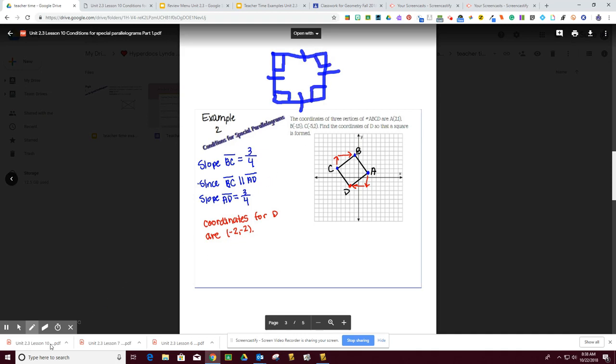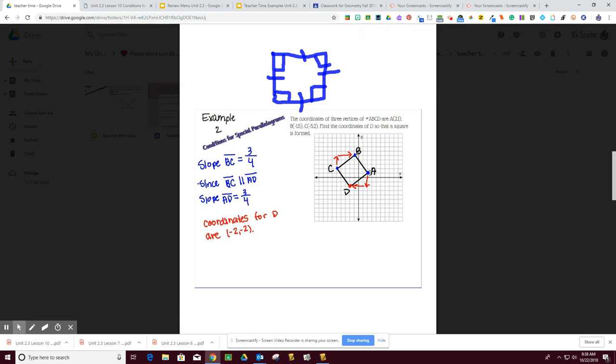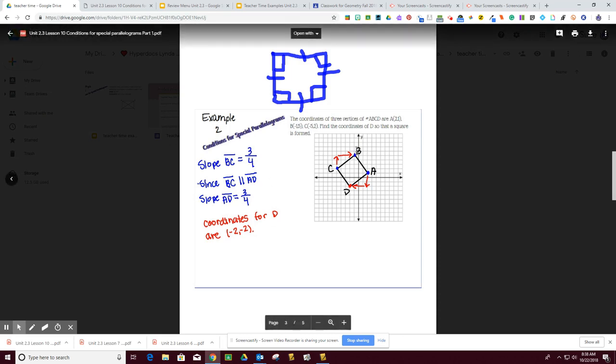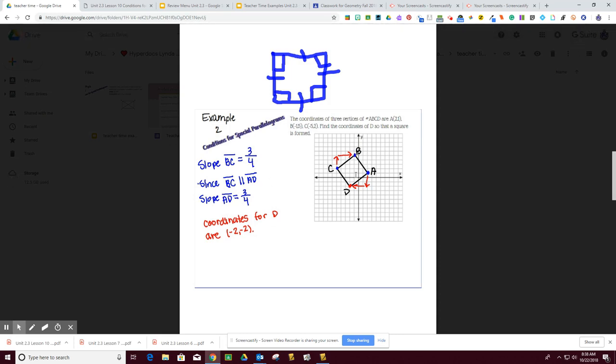The first thing that we need to make sure of is that the coordinates are the same distance. They are the same distance, but we don't know if they're perpendicular or not. So we're going to plot A, B, C, then we're going to count and plot D. So the coordinate of D would be -2, -2.